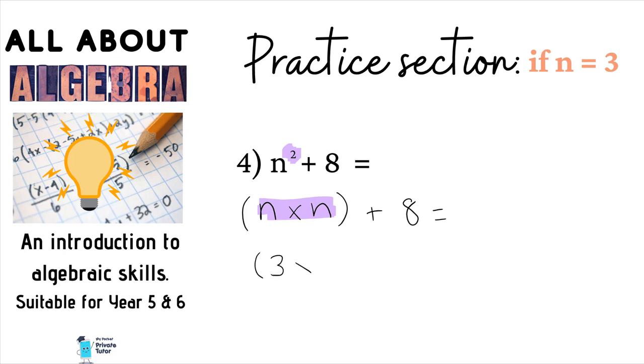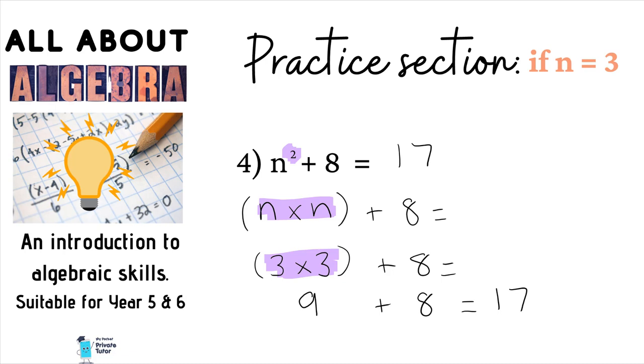So n times n is the same as 3 times 3 plus 8. Okay, so you can see this is all the same thing. And if I now calculate my bracket, 3 times 3 is 9. 9 plus 8. I'm finally ready to carry out my last calculation. So 9 plus 8 is 17, which means n squared plus 8 is 17.